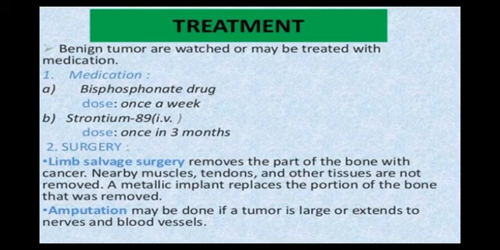That means in limb salvage surgery we will remove the affected bone and the nearby structure like muscle, tendons will not be removed as it is a benign tumor surgery. Amputation may be done if tumor is large or extends to nerve and blood vessel. Amputation is done only in the case if the tumor metastasizes or is a malignant kind of tumor.